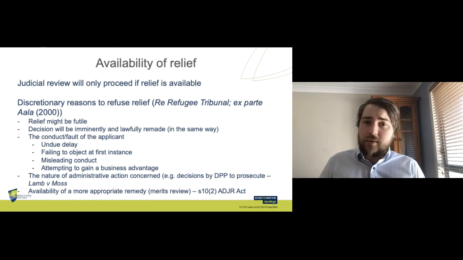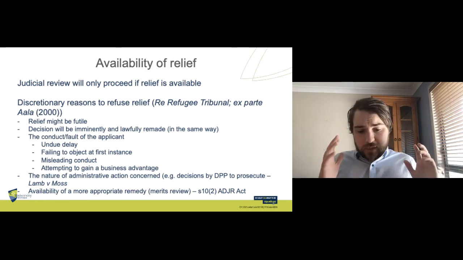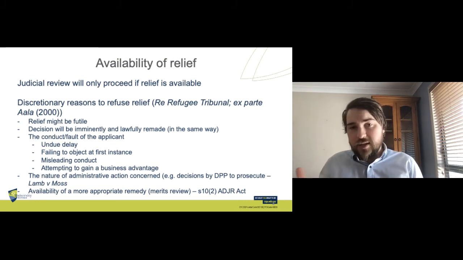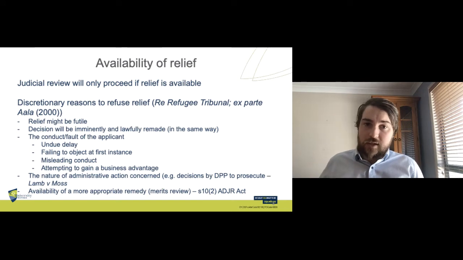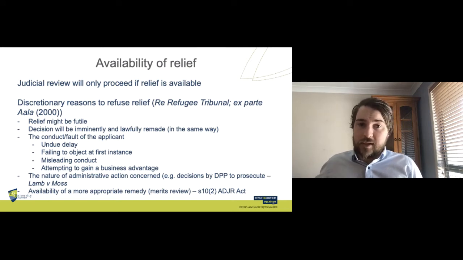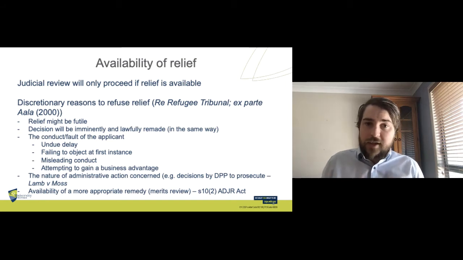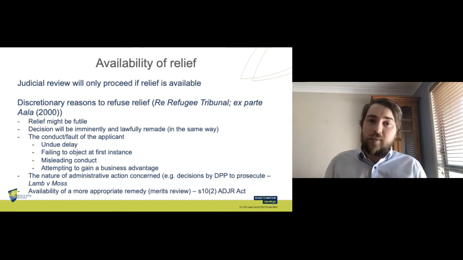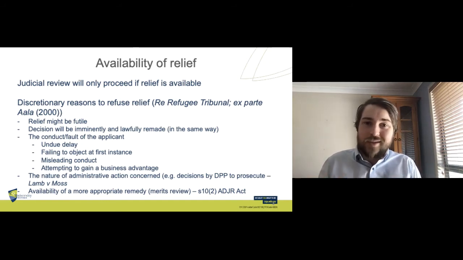So, for example, if a decision was made that caused a detriment to an applicant, but now having suffered that detriment, the opportunity is lost. There's no way to regain that opportunity, and so setting aside the decision won't give back the opportunity. Then relief is going to be futile, and the court might say, well, there's no point here.